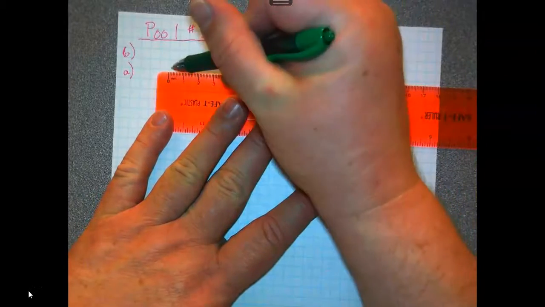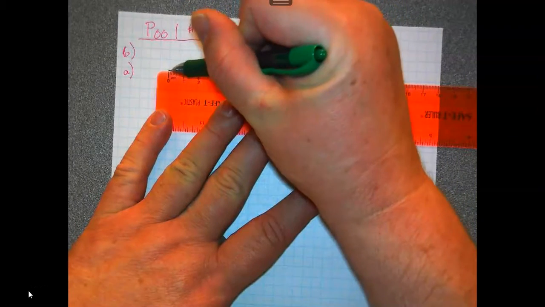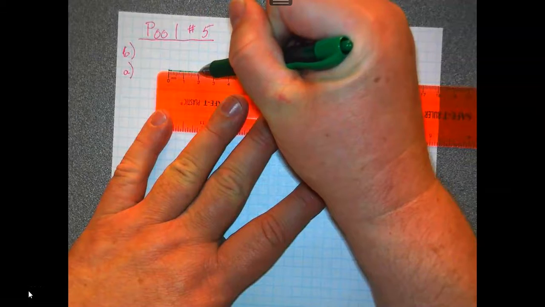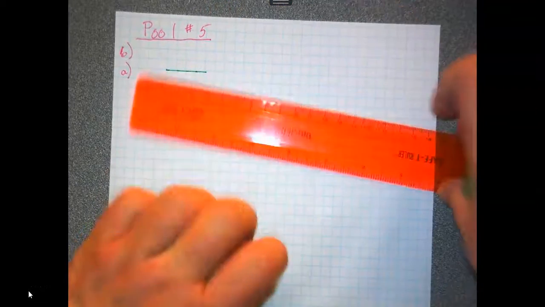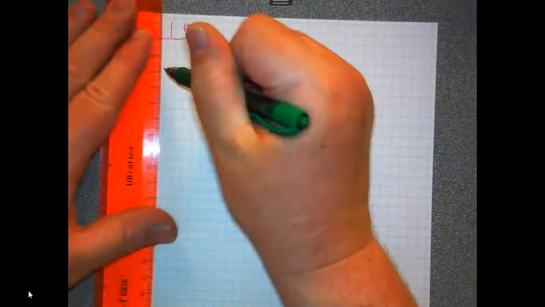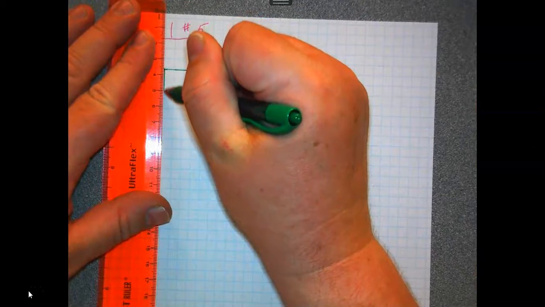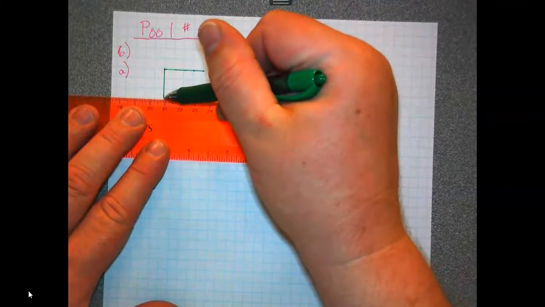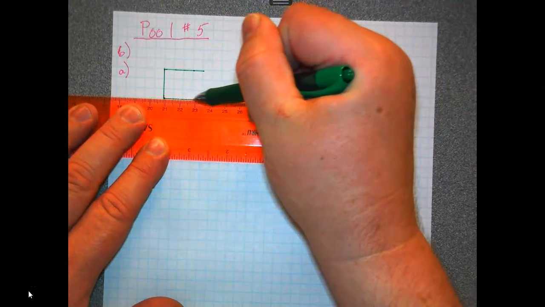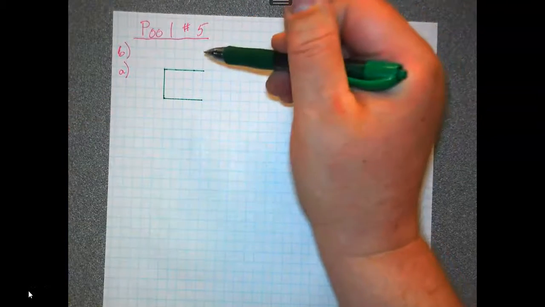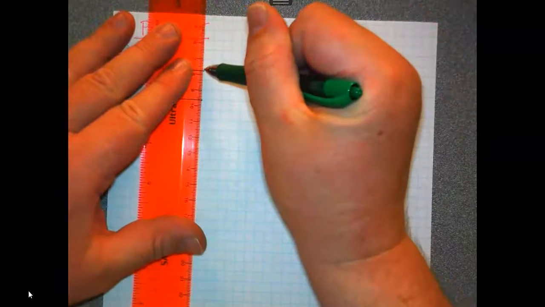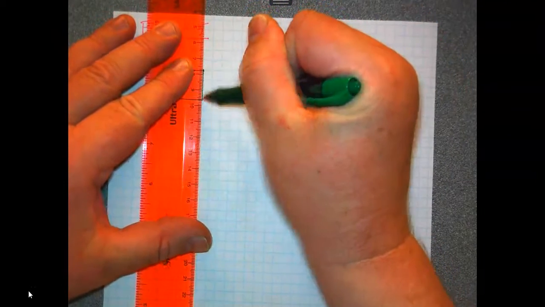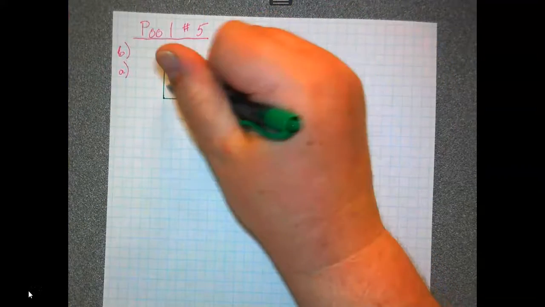I'm going to draw a 3 by 4 foot pool. So this is 3 by 4, right?